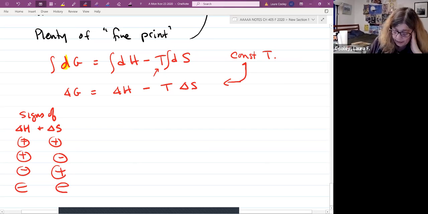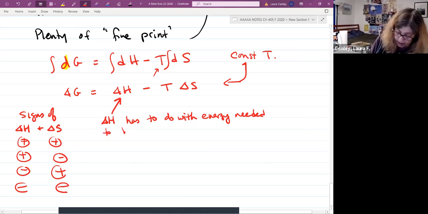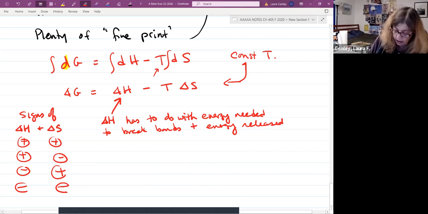But what I want to say from the outset is, what does delta H have to do with? Delta H has to do with the energy needed to break bonds and the energy released on making bonds in a chemical reaction.